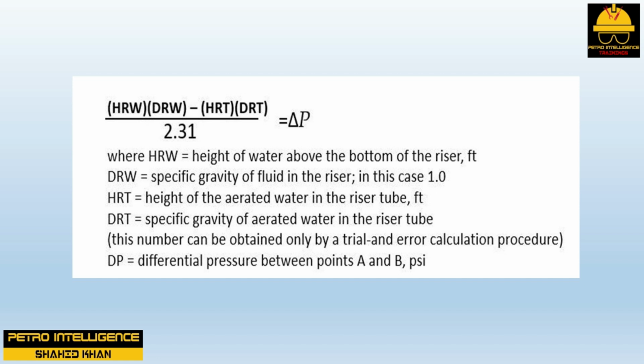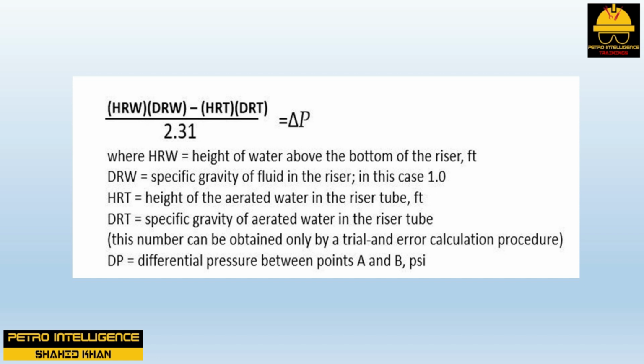HRT equals height of the aerated water in the riser tube in feet. DRT equals specific gravity of aerated water in the riser tube. This number can be obtained only by a trial and error calculation procedure. ΔP equals differential pressure between points A and B in psi.